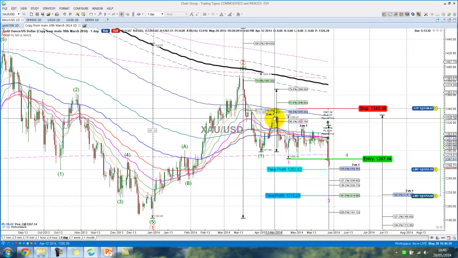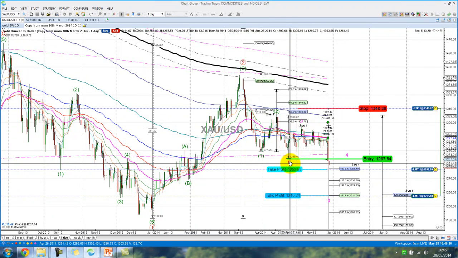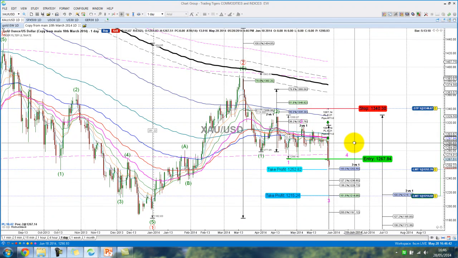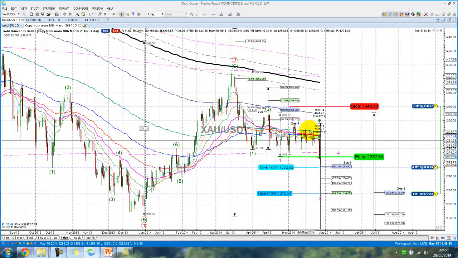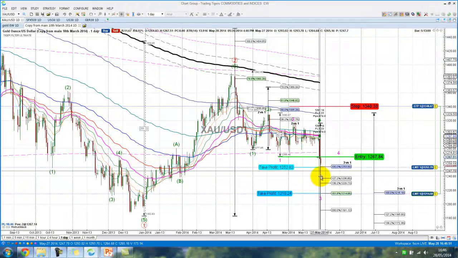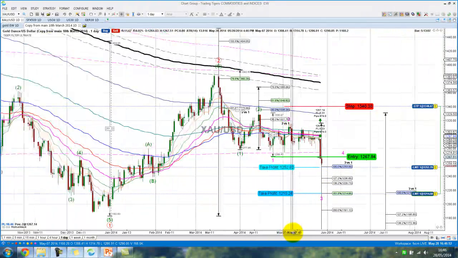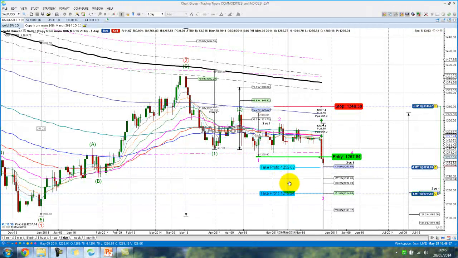The wave 2 hit the 50% level and came close to our blue resistance line, and the subwaves of that is the minor, which are in pink. And this is the degree level what we're trading right now. We're actually trading that degree, which is the minor. And as you can see, if I expand it a little bit more, we took the entry at 1267.